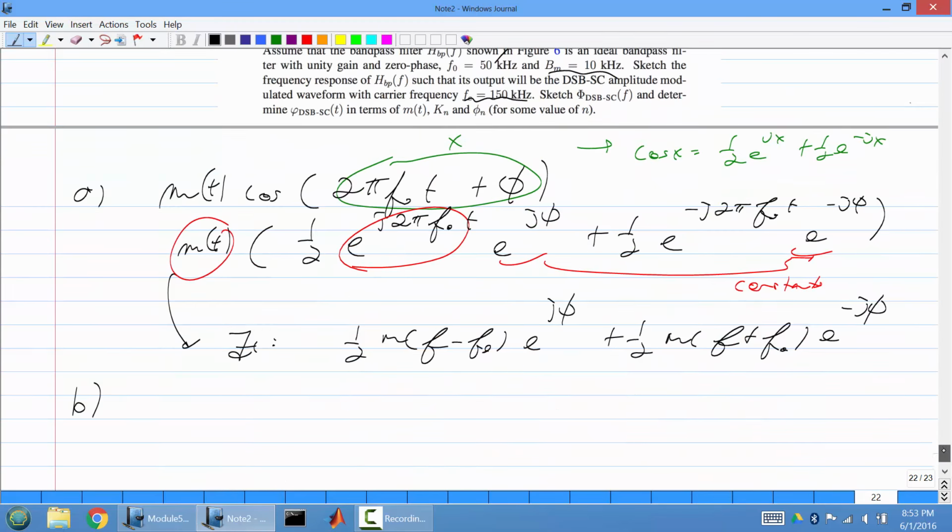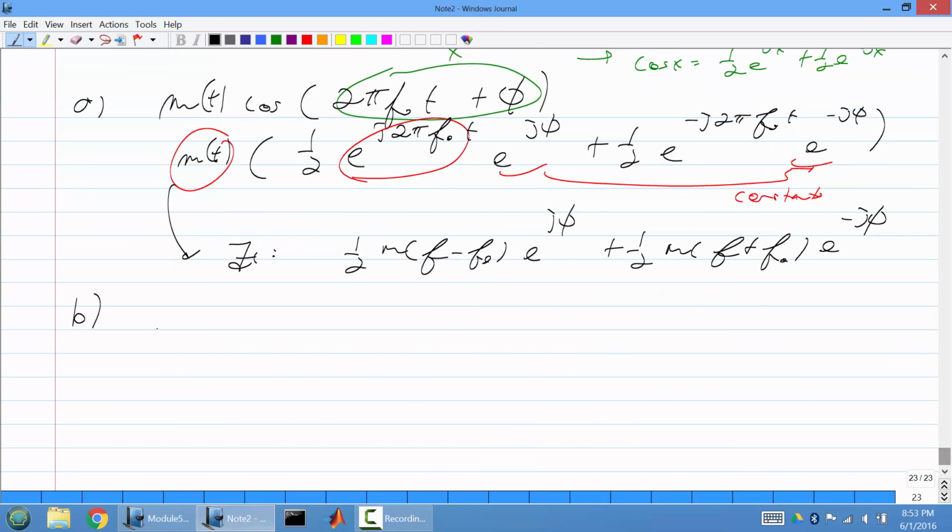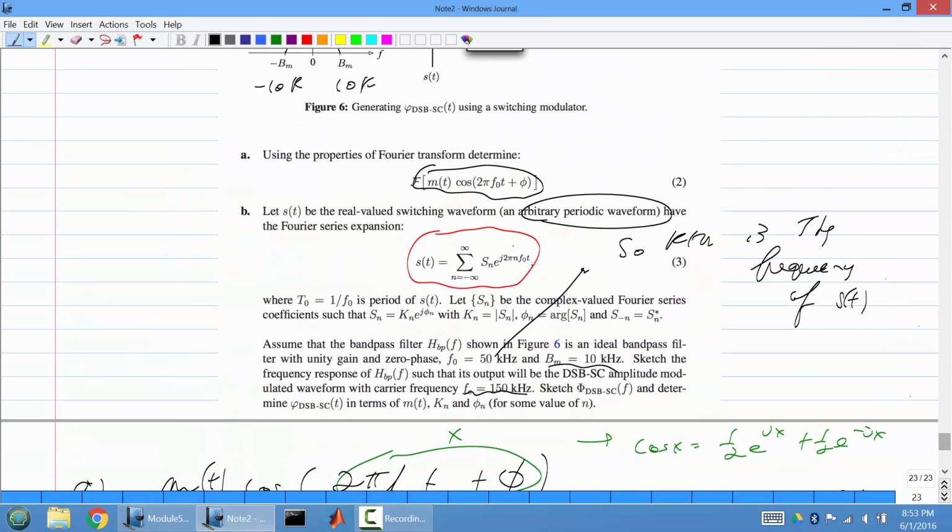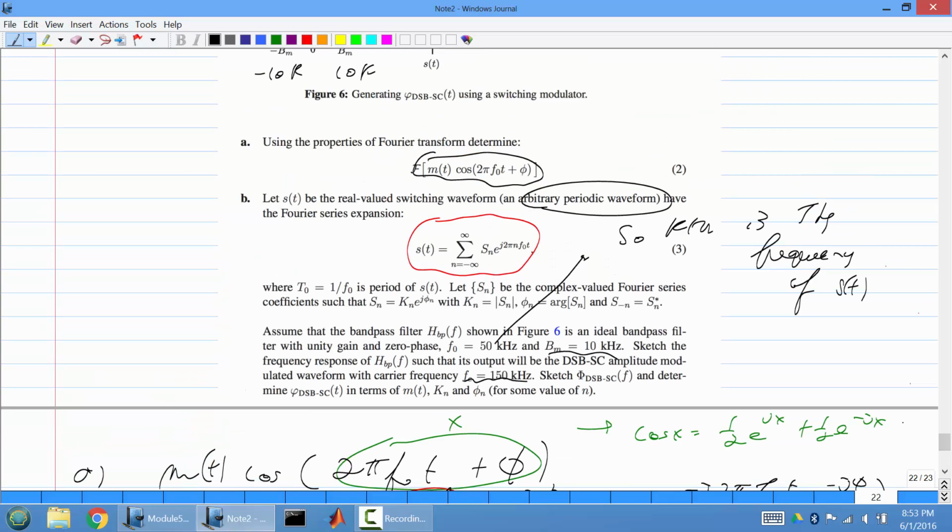So if you wanted to get it at 150 kilohertz, what this is saying is that this would be 3 times 50 kilohertz, or 3 times the fundamental frequency, f naught. Remember, because you have a periodic waveform, when you take the Fourier transform and do the multiplication, you're performing convolution here.